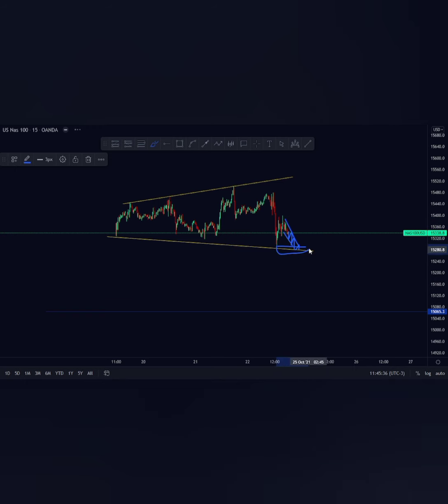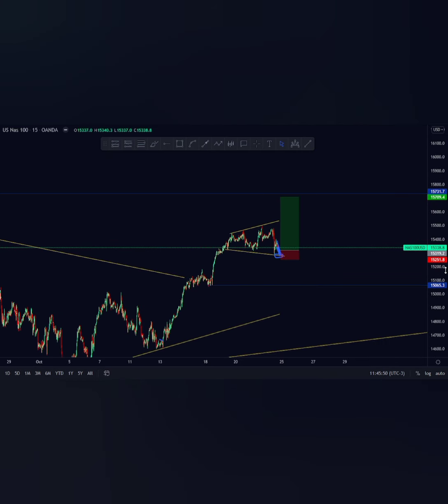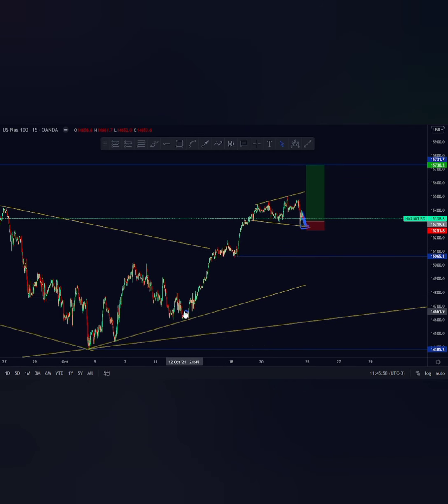But if you place your order somewhere around this area and it is not triggered around 3:30, please be careful. You might get stopped out, because NAS100 has a lot of stop hunts when it comes to the New York Bell session, especially if a pattern is very far away from the channel or a zone. It might take you out. So Nasdaq, you're looking for buying opportunities. US30, you're looking for selling opportunities.